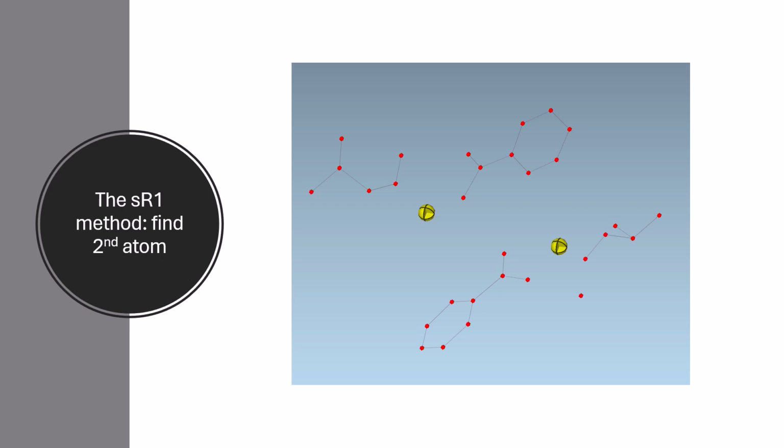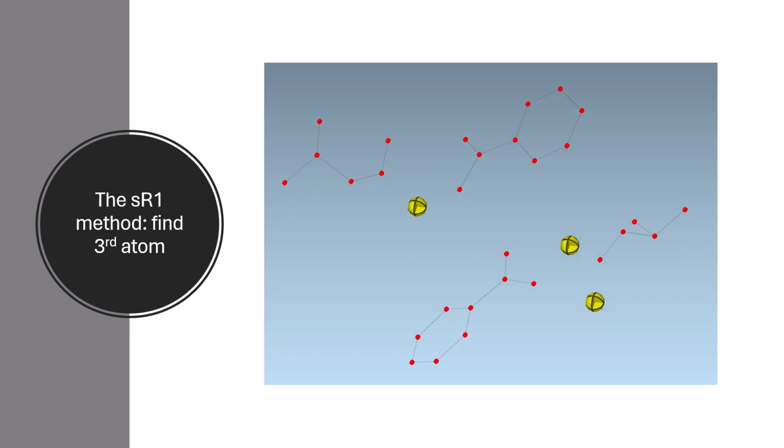After determining two atoms, we can now define the aR1 for the third atom. Again, we move the third atom around and put it at the lowest minimum point of its aR1.